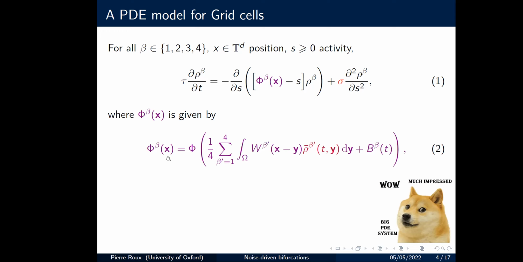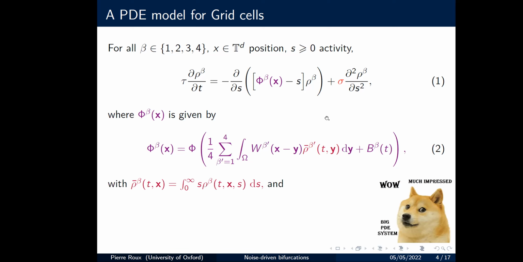So basically you have integration of all the points through a convolution and all of the four directions through a sum, and then you input it into the drift for the activity. And the input of the rat is in this b beta of t. So basically the movement of the head of the rat and its speed are contained in the external function b of t in this part.